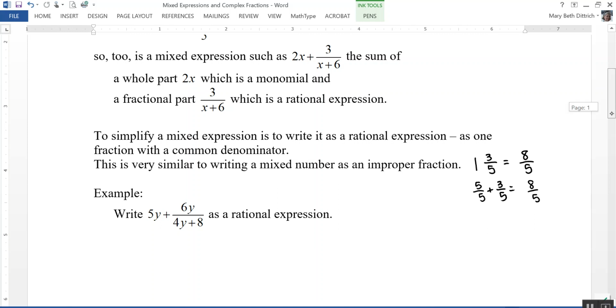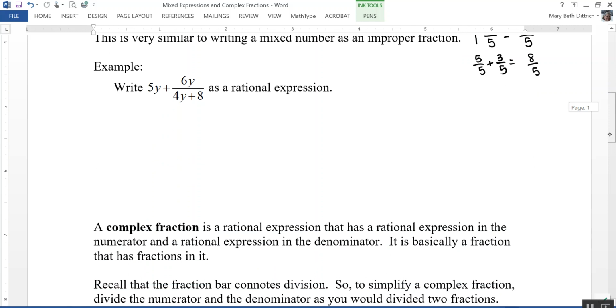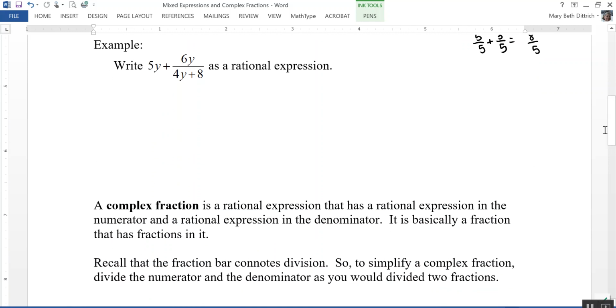It just looks a little more complicated. So let's try an example here. I need to write 5y plus 6y over 4y plus 8 as a rational expression. So I'm going to take 4y plus 8 and multiply it by 5y, add that to 6y, and then write that over 4y plus 8. It's kind of the same thing that we did with 1 3/5.